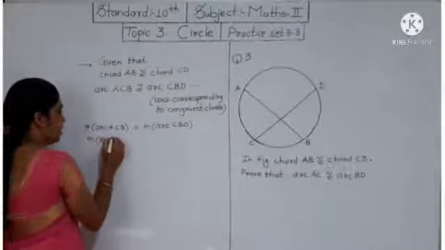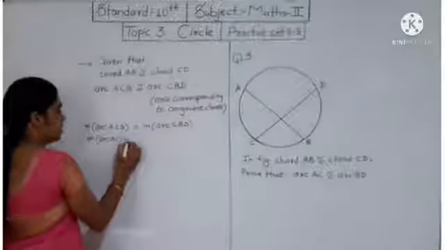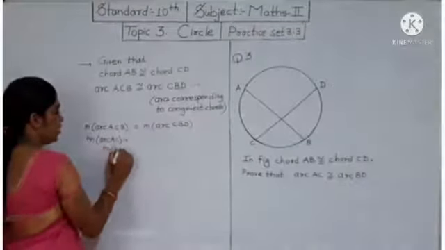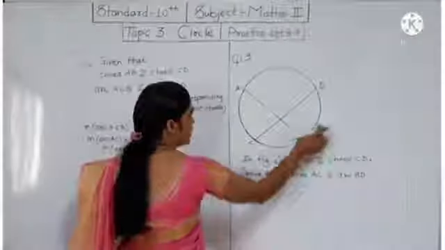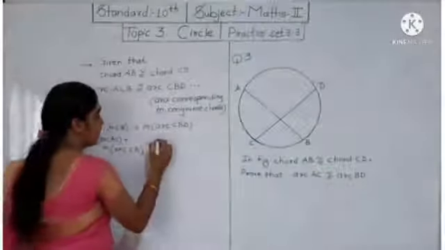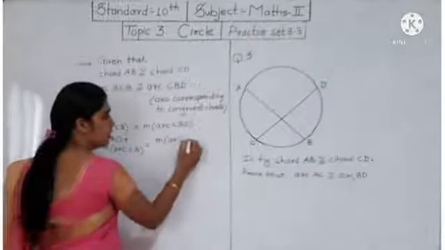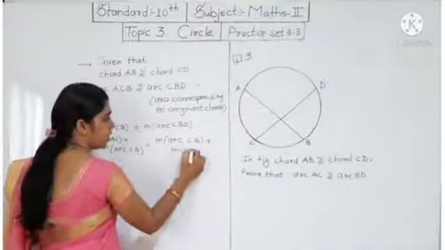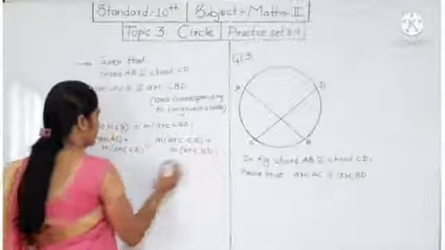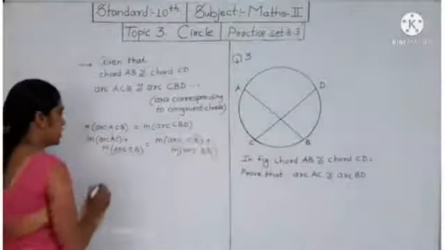Arc AC plus arc CB is equal to, what is meant by CBD? Arc CB plus arc BD. So here CB gets cancelled.